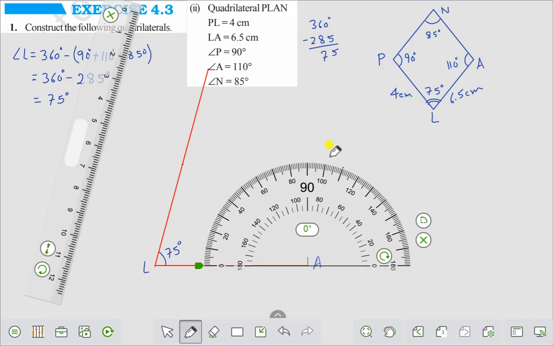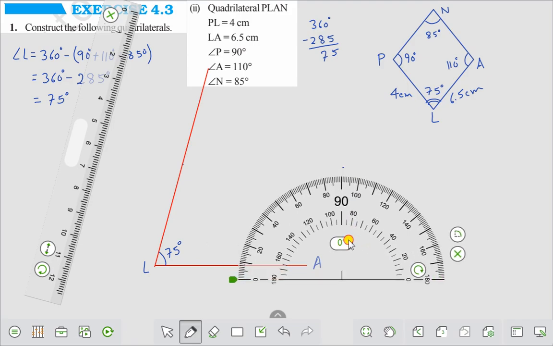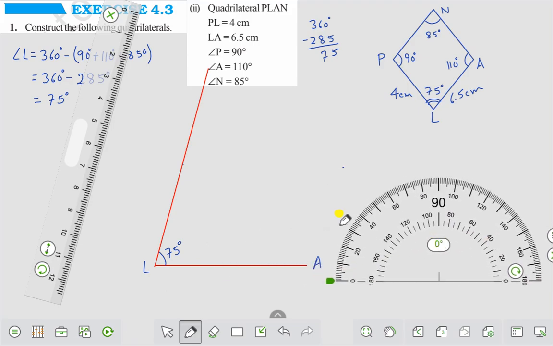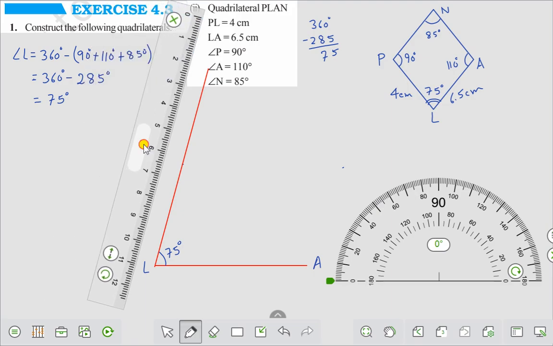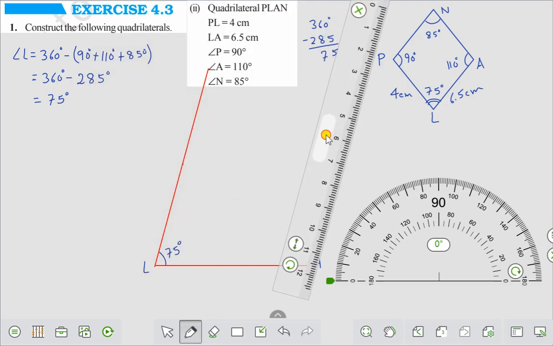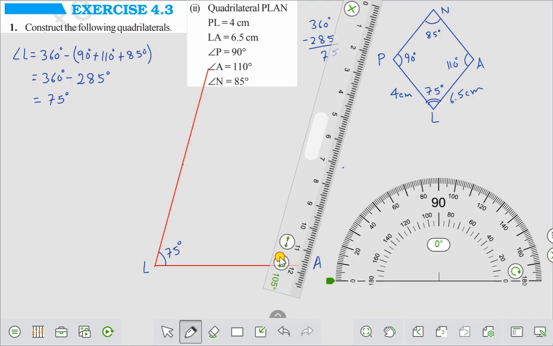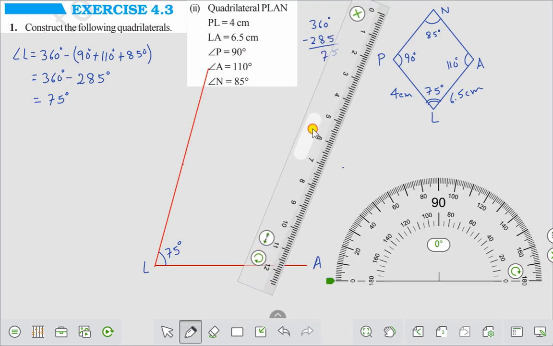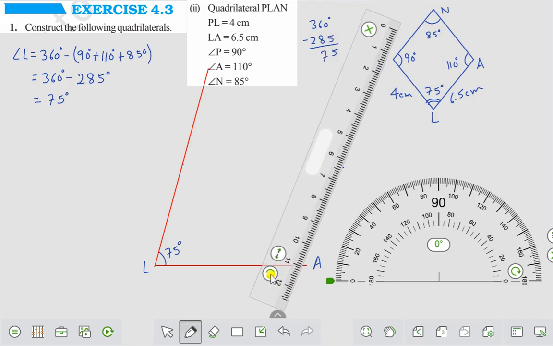This is 110 degree. With the help of this ruler, we'll make an angle of 110 degree here at point A.